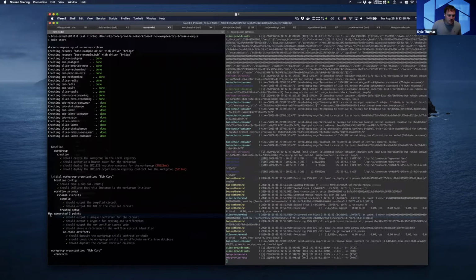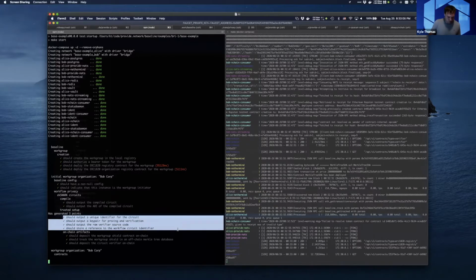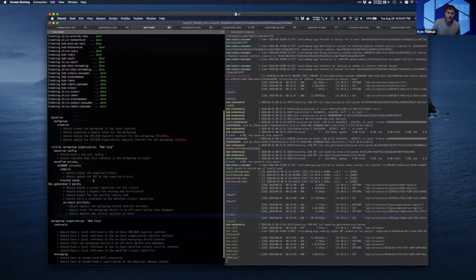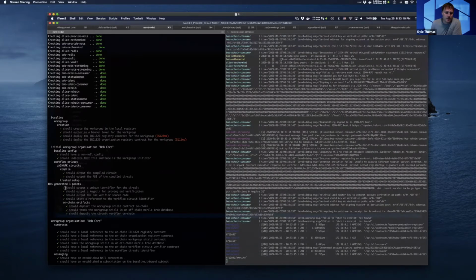So we do make some assertions around the output from Socrates there. We're using a very basic no-op circuit. Basically, some assertions are made about how a unique identifier was generated by the baseline privacy package.